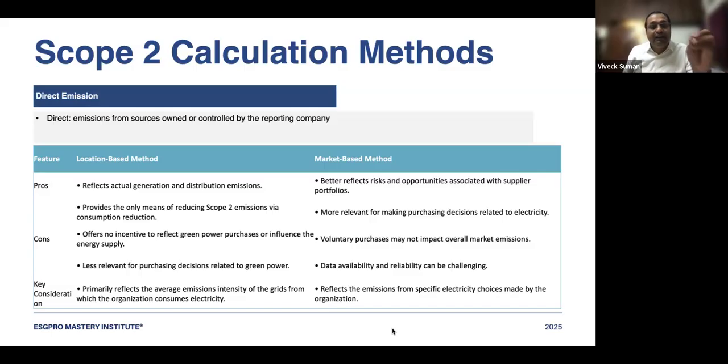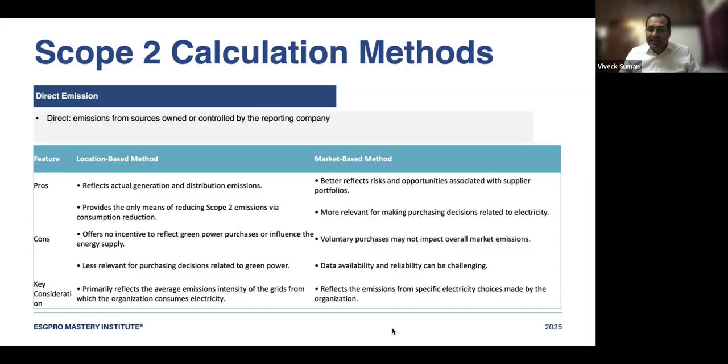Once I do that ratio and see where I stand, that time I will be selecting location based. If I am reflecting emission from specific electricity choices, because I am a person who has taken cognizance that in my area there is solar power, wind power is also available for me, that becomes my key argument for going for market based.